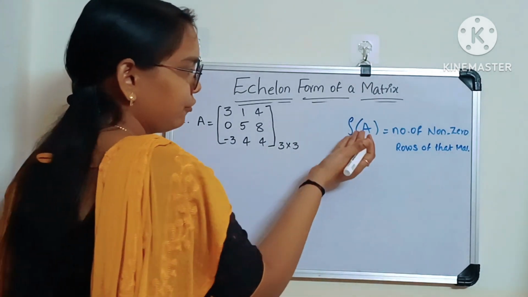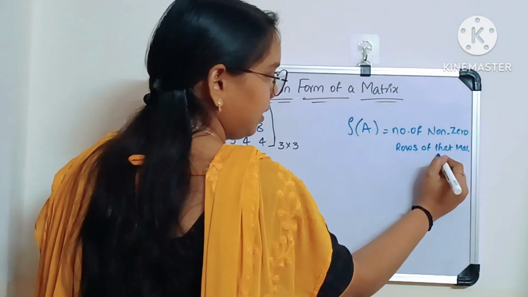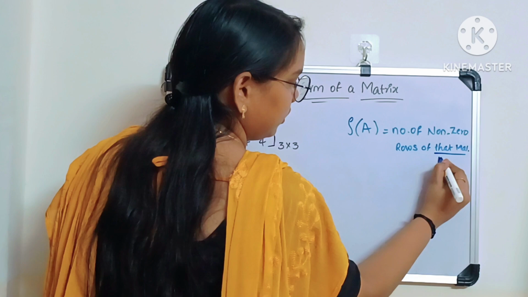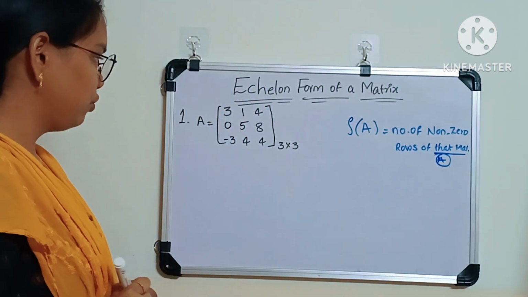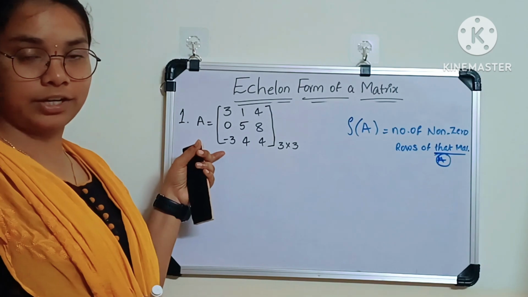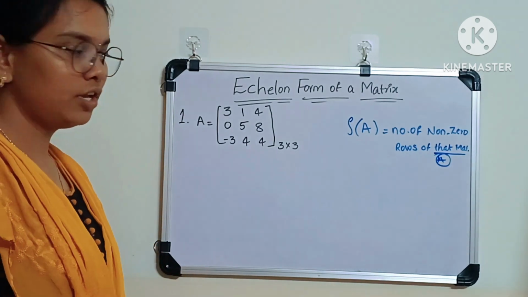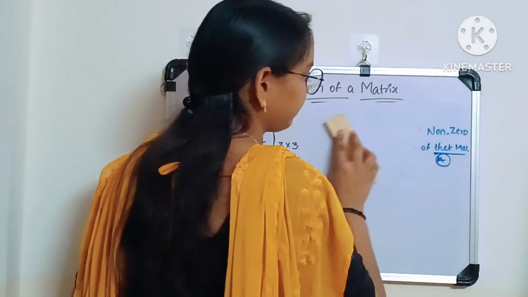Okay, the rank of a matrix is equal to the number of non-zero rows of that matrix. This is the definition. Now we will convert this given matrix into echelon form.